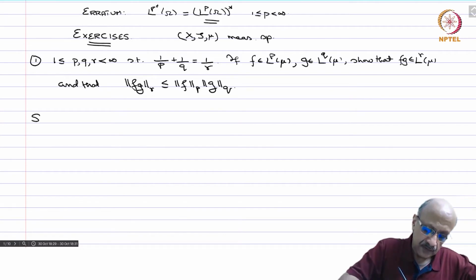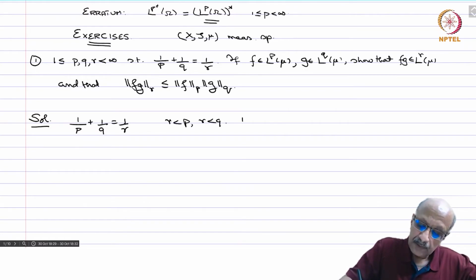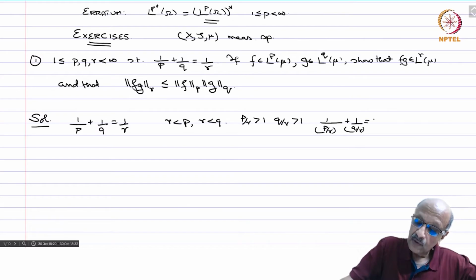Okay, solution. So you have that 1/p + 1/q = 1/r. Therefore, you have that r is less than p and r is less than q. So p/r is bigger than 1, q/r is bigger than 1, and r/p + r/q equals 1.